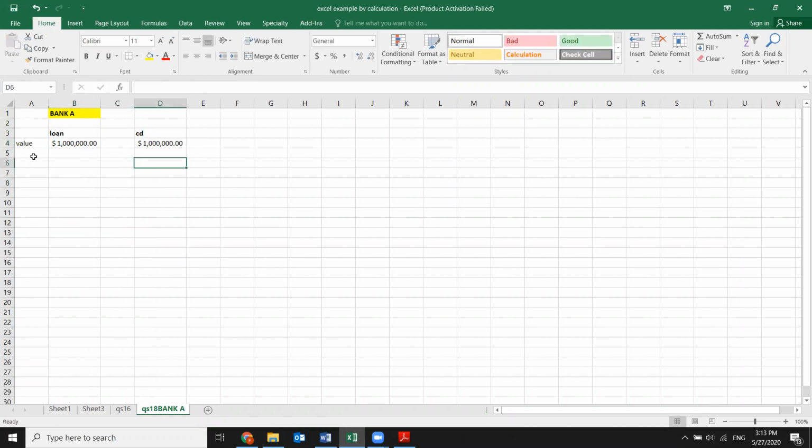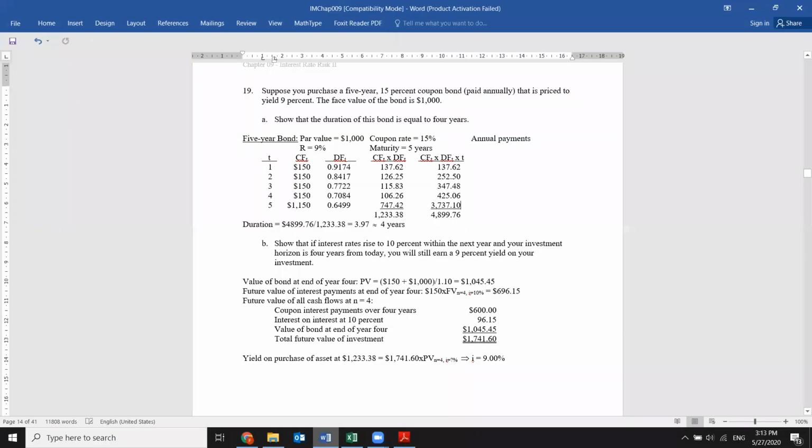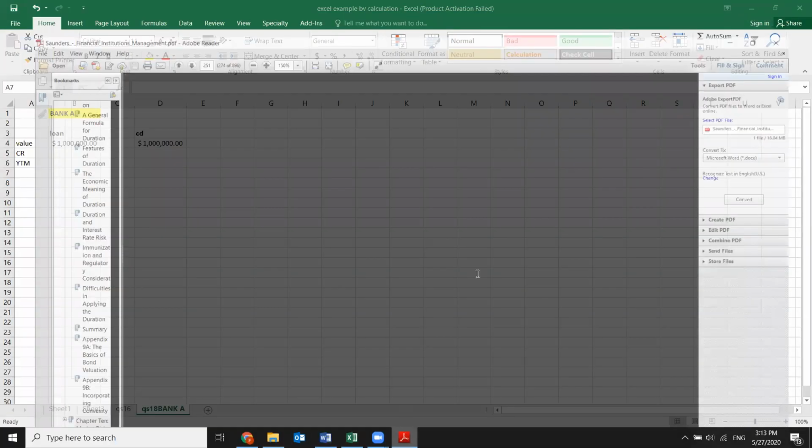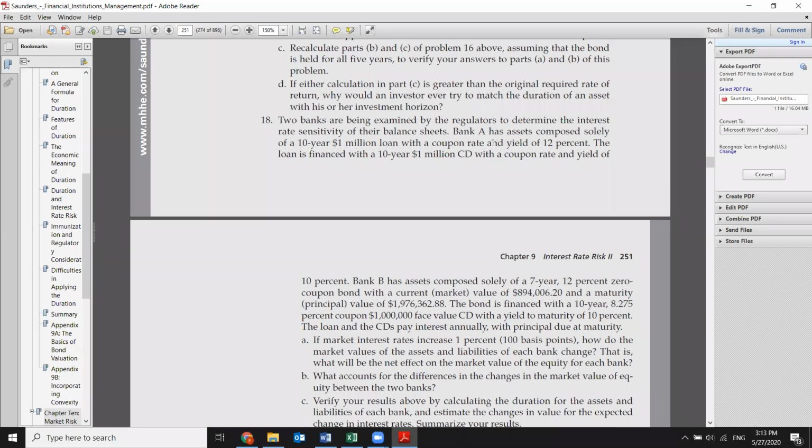This is what we know. Then coupon rate, YTM, or interest rate, we can call it. The yield is 12%. The coupon rate is 12% as well for the loan that you provide. So when you sell this to the investors, you sell it at 12% coupon rate and 12% yield to maturity or interest rate.